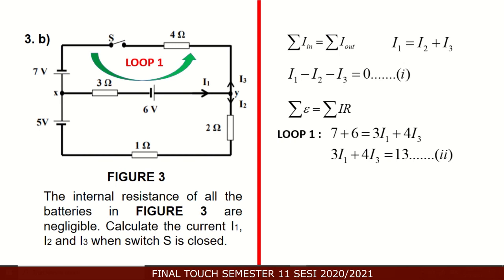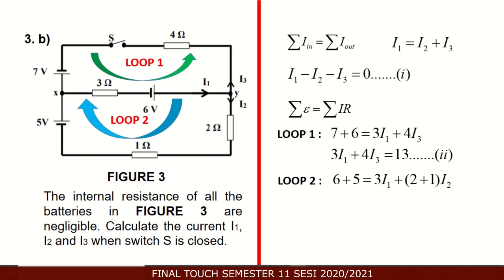Then for equation 3, we apply loop 2. Here is loop 2. So the equation for loop 2: you get 6 plus 5 equals 3I1 plus 2I2 plus 1I2.